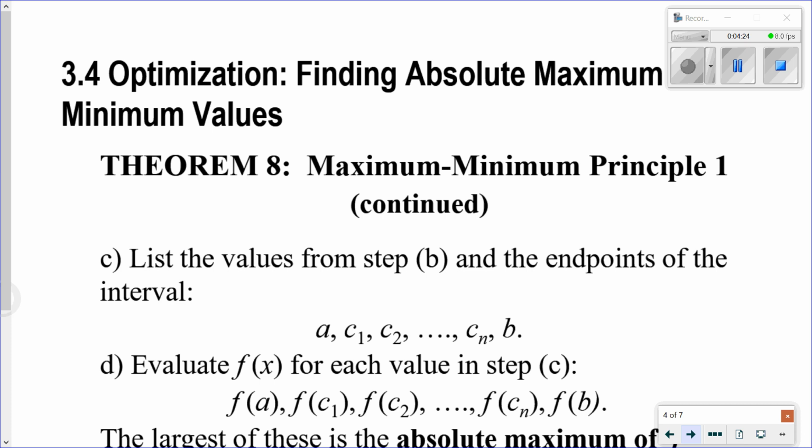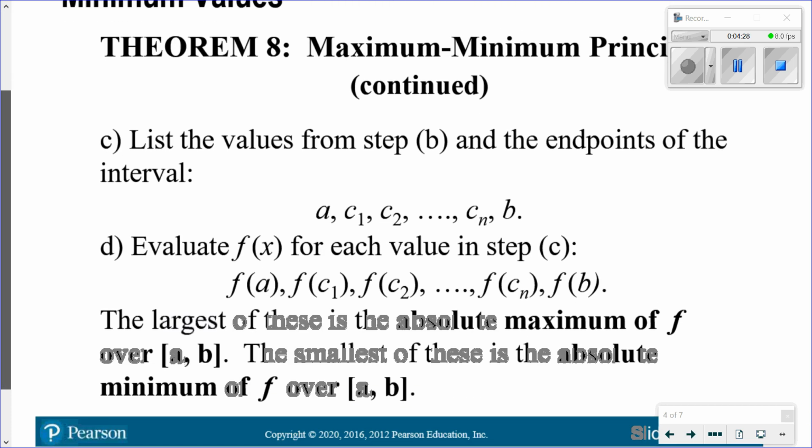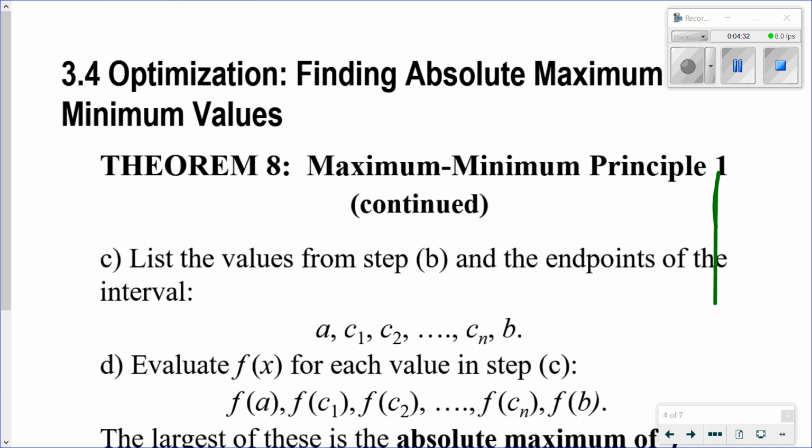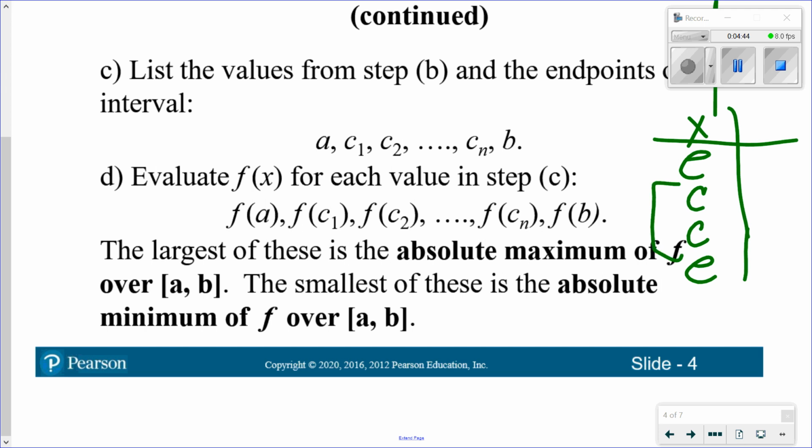Okay, once you do that, you are going to make a list, meaning we're going to go old school. And when I make a list, I don't list it the way they do. I list it up and down. So I have my x values, and I have an endpoint, a critical value, the other endpoint, however many critical values you have in the middle.